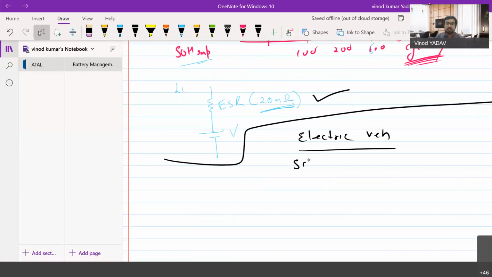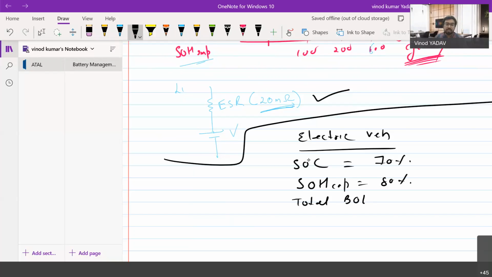Suppose the vehicular battery SOC is given to be 70%. The vehicular state of health capacity is given to be 80%, and the total beginning of life capacity is, suppose, for one complete charge, running for 200 miles.